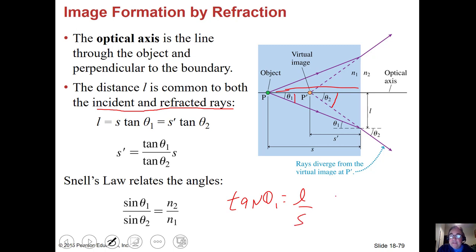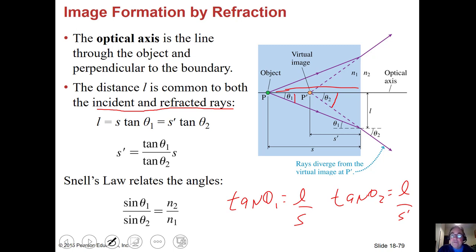Okay, and then tangent of theta 2, same idea. The opposite side would be L, and then the adjacent side is what they're calling S prime. It turns out S is the object distance, and S prime is the image distance.